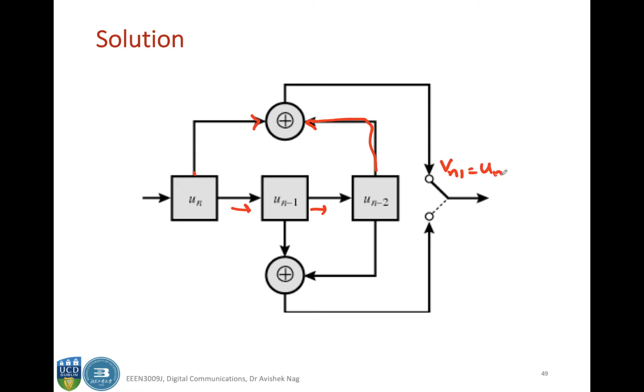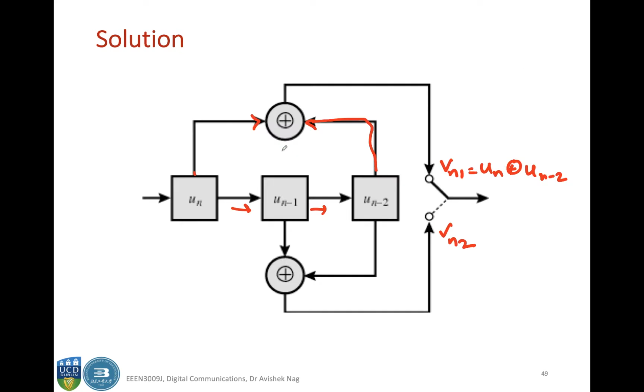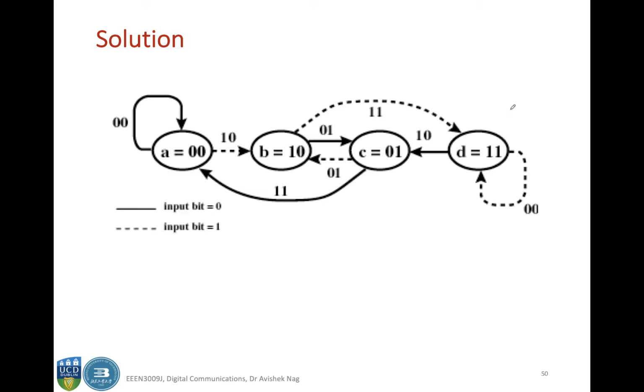And your vn2, as the example says, is un minus 1 modulo 2 added to un minus 2. So you take out two outputs from here, and those two are modulo 2 added, and you have vn2 as un minus 1 plus un minus 2. Therefore this is your encoder, and you can now easily work out the state diagram.